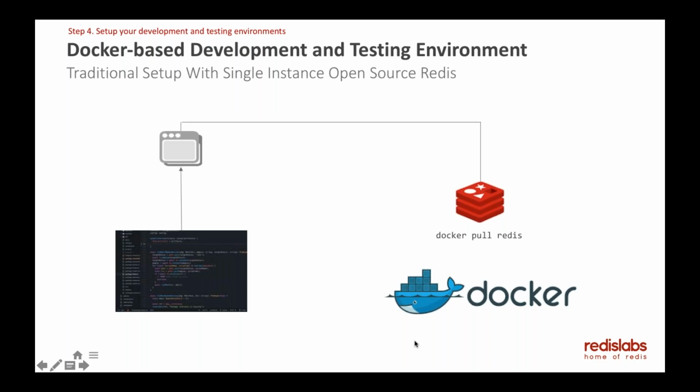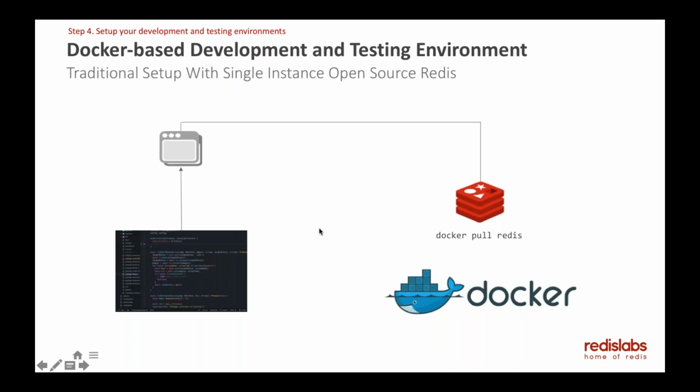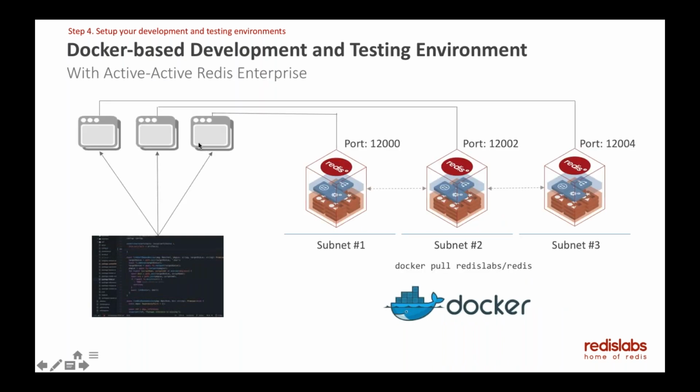And if you have Docker set up inside your development environment, you can do a Docker pull Redis, and that will already have Redis, and you connect to the Redis on the Docker instance. But in case of Active-Active Redis Enterprise, it's the same concept, but instead of deploying one app, we ask you to deploy multiple apps. The idea here is you are trying to simulate the global deployment.